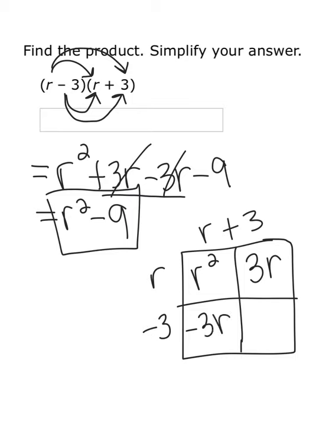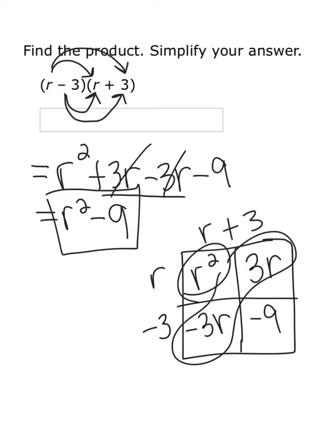And then negative 3 times positive 3 is negative 9. So I can see again that I would get r squared. 3r minus 3r is just 0, so you don't have an r term. And then you'd have minus 9. So my answer would be r squared minus 9.